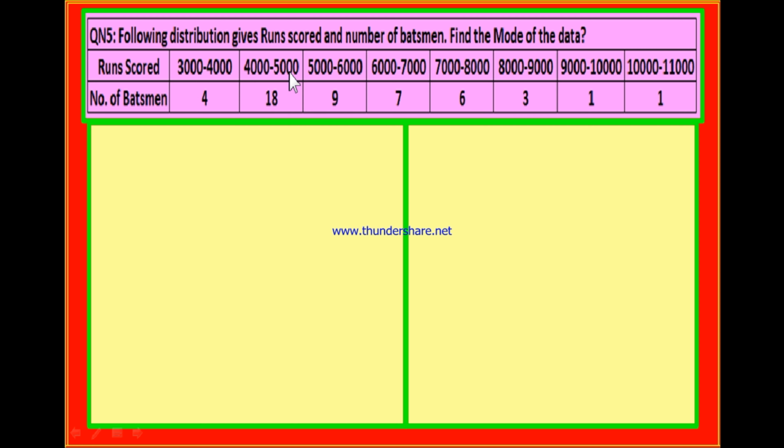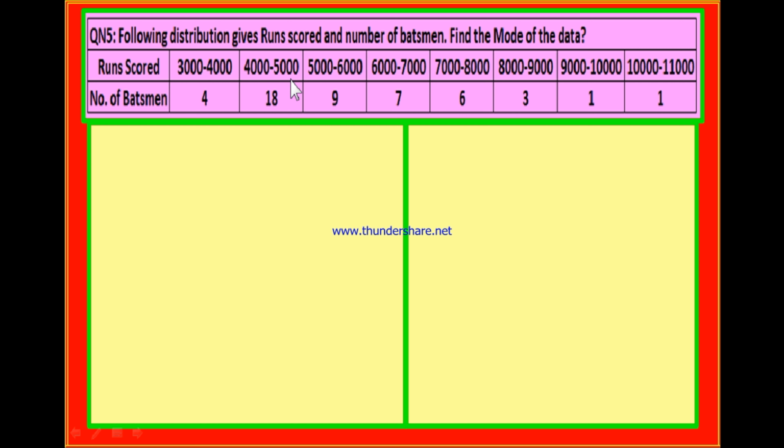Between 4000 to 5000 the number of batsmen is 18, between 5000 to 6000 it is 9, between 6000 to 7000 it is 7, between 7000 to 8000 it is 6, between 8000 to 9000 it is 3, between 9000 to 10000 it is 1, and between 10,000 to 11,000 it is 1. For this grouped distribution, you have to find the mode.